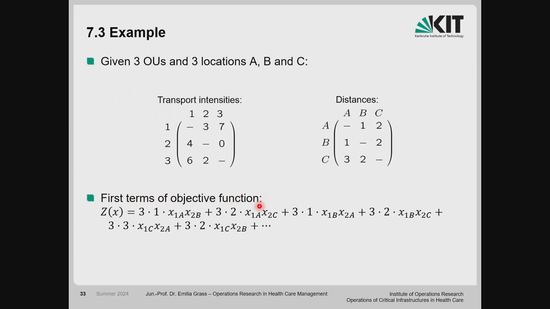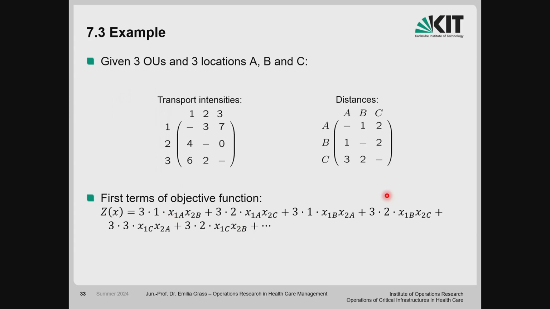So we have that for the first 2 units, first and second, if they are assigned to room A and C, if they are assigned to B and A, and so on. Okay, and I think you have then 81 terms in your objective function. So your objective function is really long.